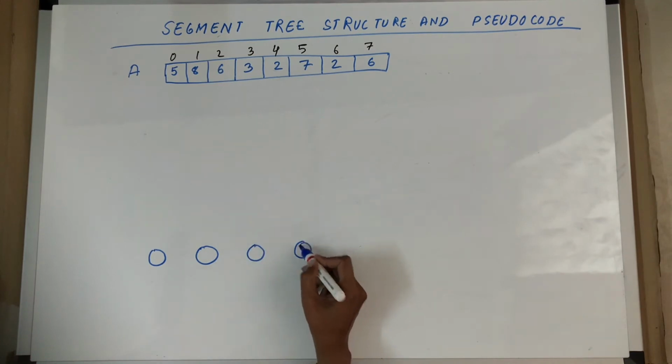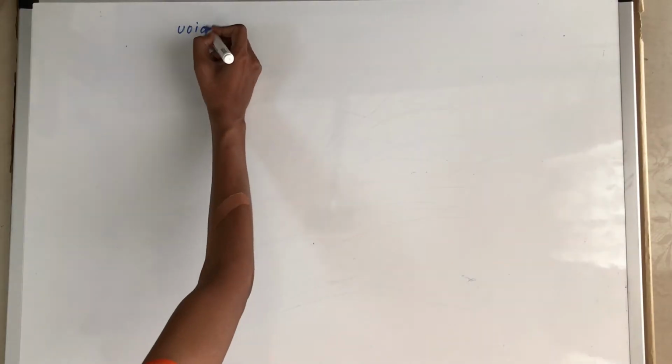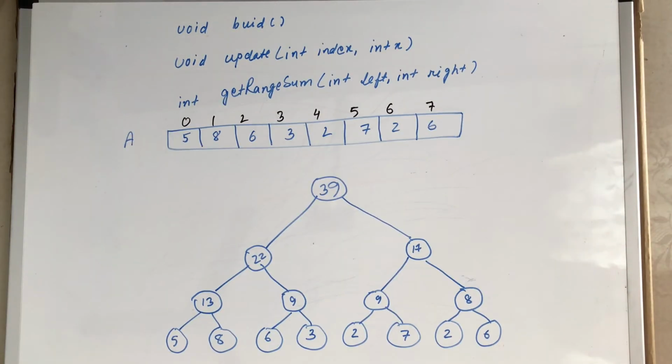Then the segment tree we will be making will look like this, and the code for this segment tree structure will include implementation of the three methods: void build, void update, and int get range sum.